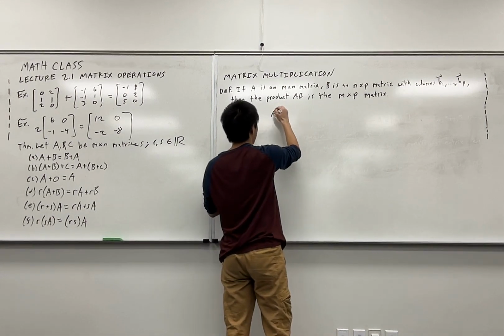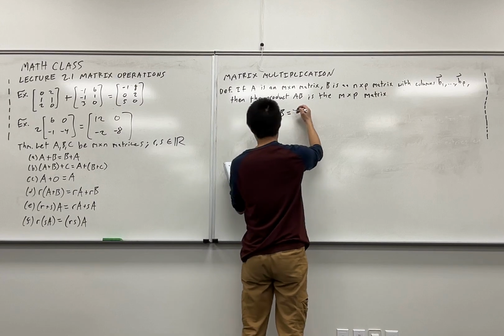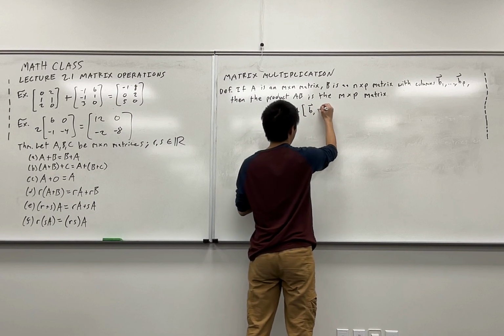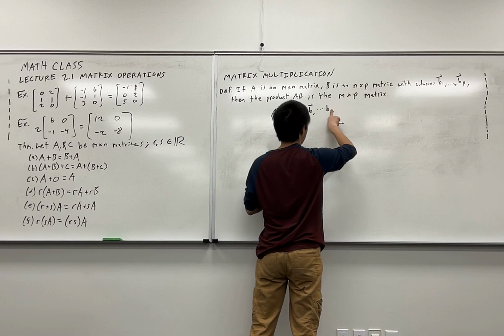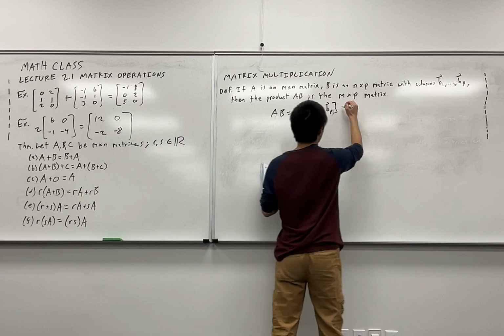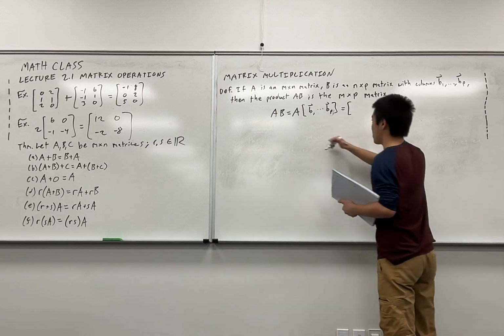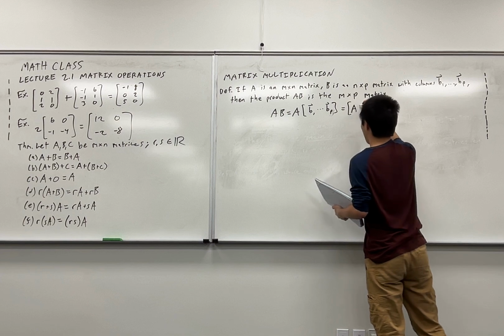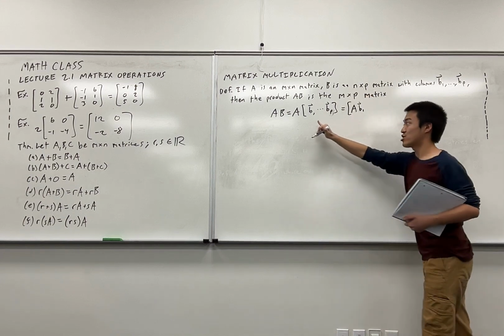Where I can think of A times B as being A times B described by its columns, B1 through BP, since there are p columns here. And it can be shown that's the same thing as each one of these new columns being the matrix A transforming each of these columns.